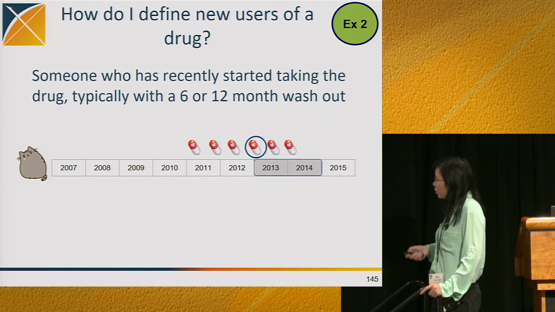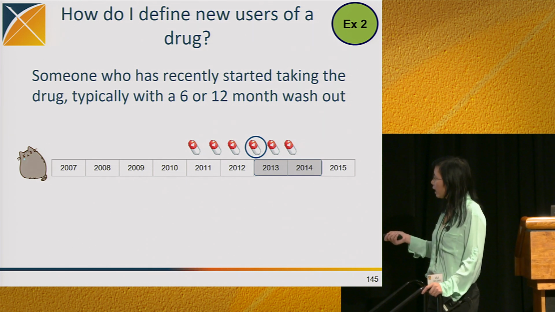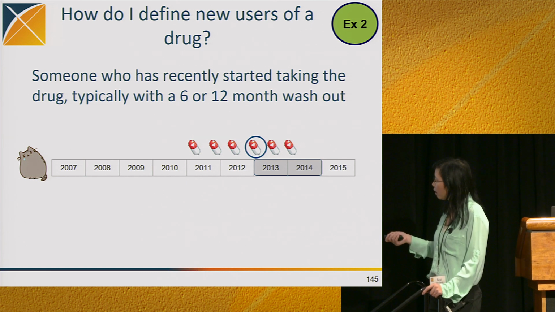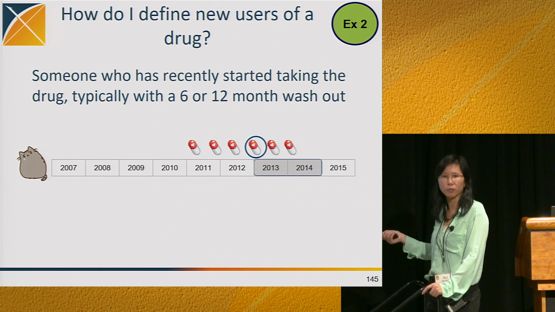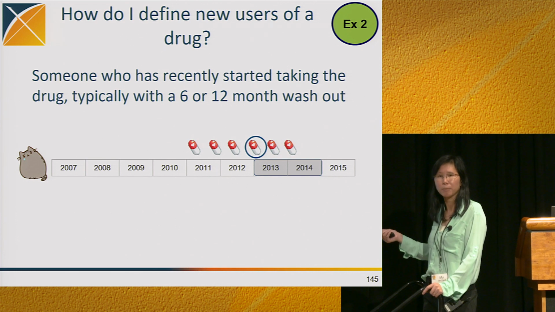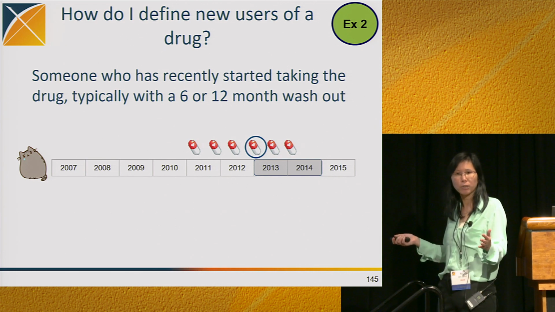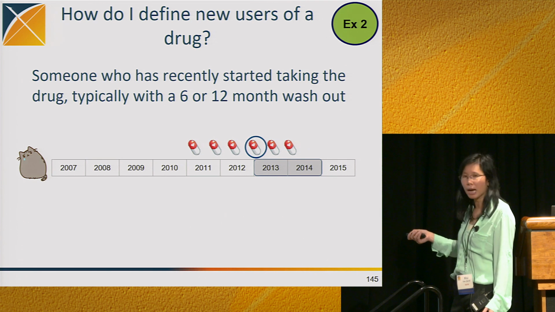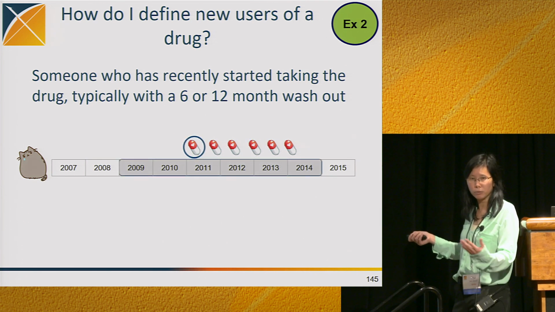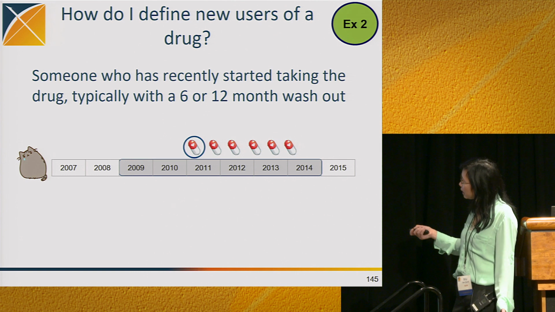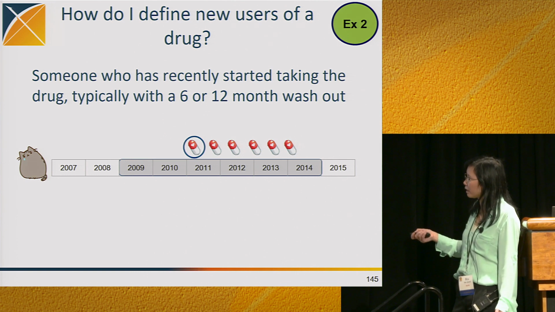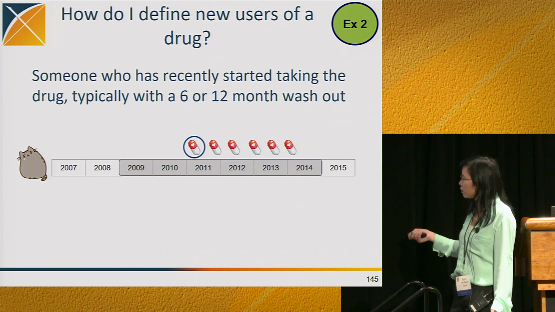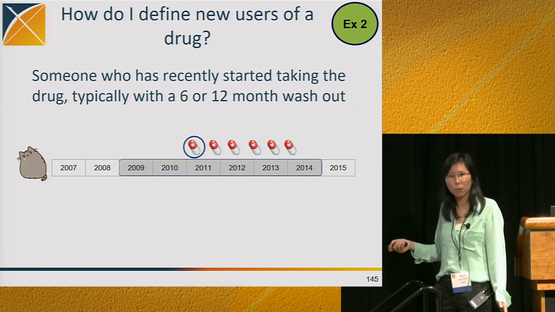If I look at this particular date here, this record wouldn't fall as a first-time user, because I have a transaction right before that in that same year, not 6 months before yet. So this particular record would not equal a new user of warfarin. But if I looked at this one, and the fact that this person was observed in the data from 2009 all the way to 2014, then this person would qualify.